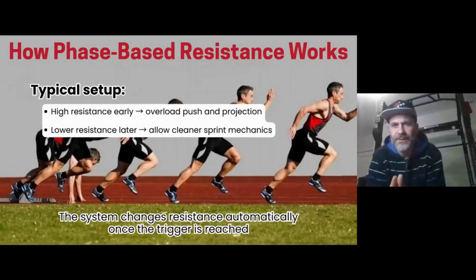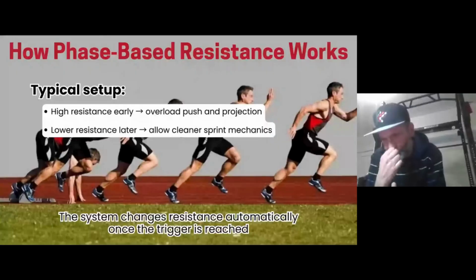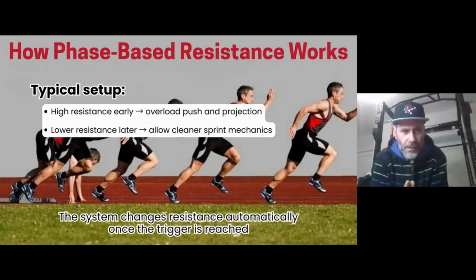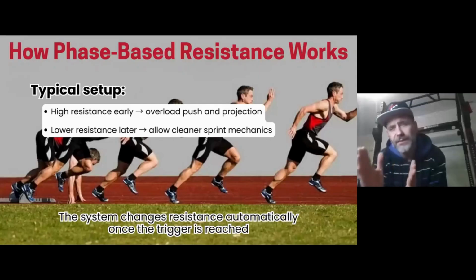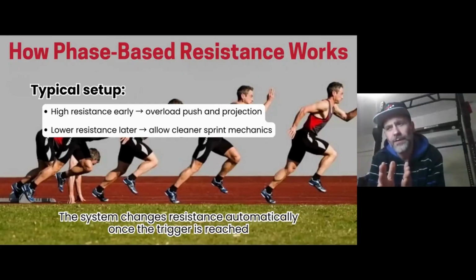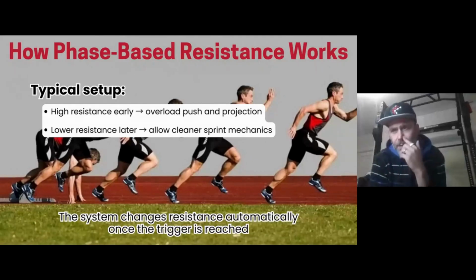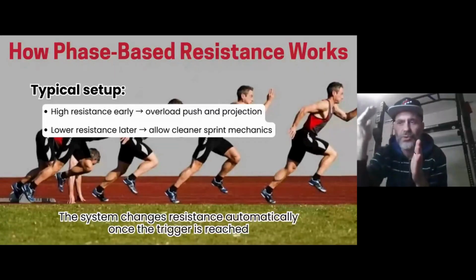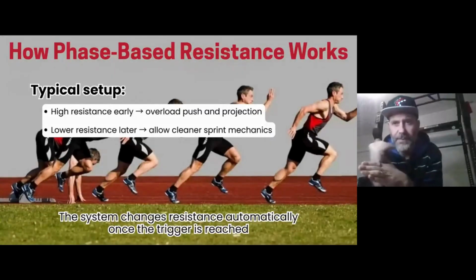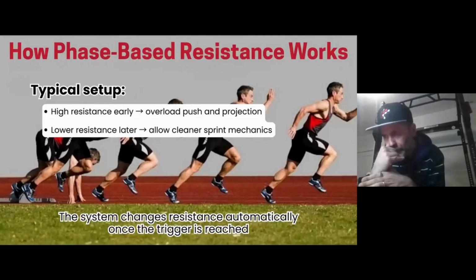How does that phase-based resistance work? A typical setup might use high resistance, let's say for the first 8 to 12 meters, to reinforce projection and backward force application. Once the athlete reaches a specific velocity or distance, the system drops to a lower resistance based on our input.